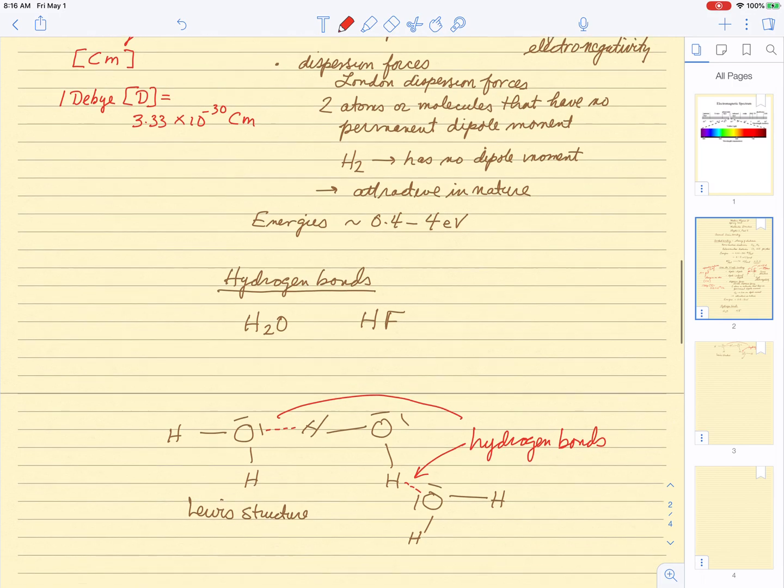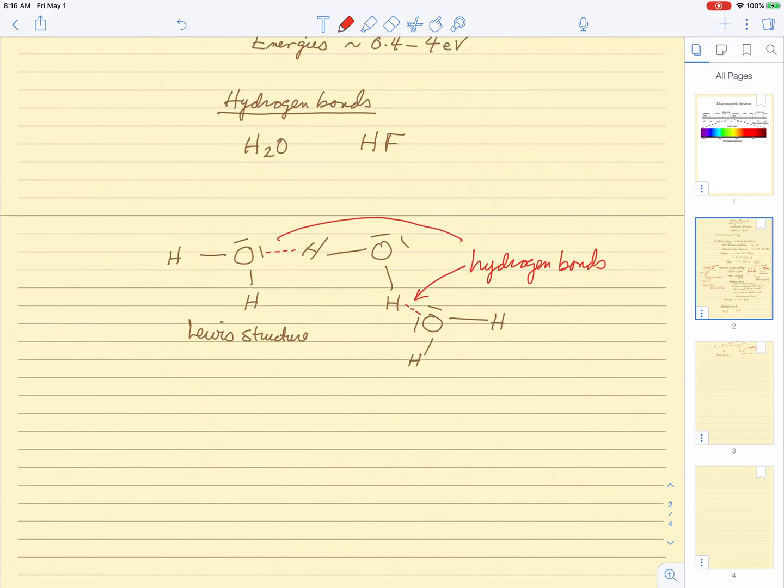And hydrogen bonding in water is actually the reason why water has such peculiar properties, right? And again, if it weren't for the hydrogen bonding in water, life would not exist on this planet, nor would it have evolved.